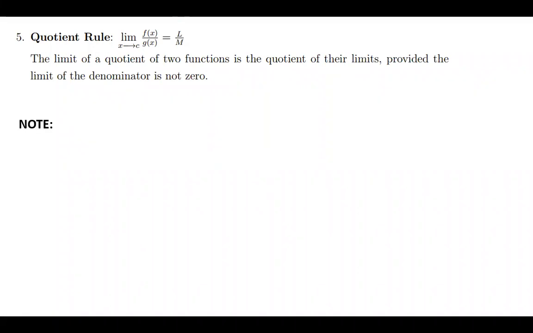Okay, you also need to understand that there's this special limit, which is the limit of 1 over x to the power n when x is approaching either positive or negative infinity. The answer here is simply 0.